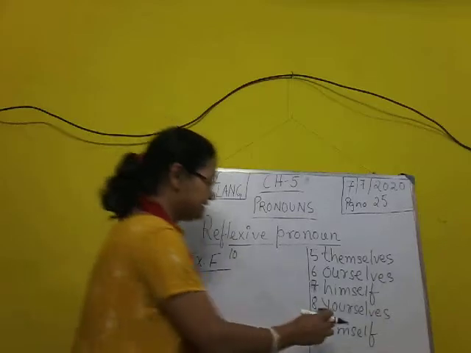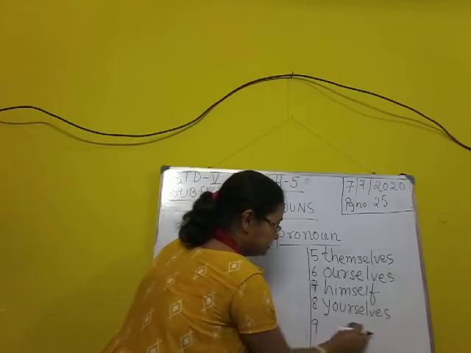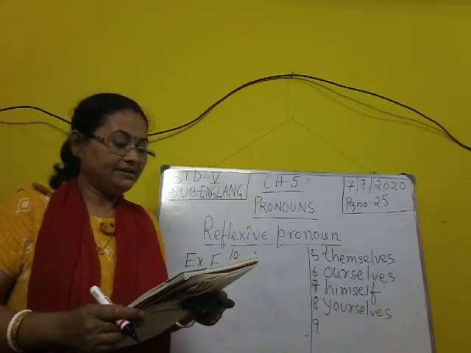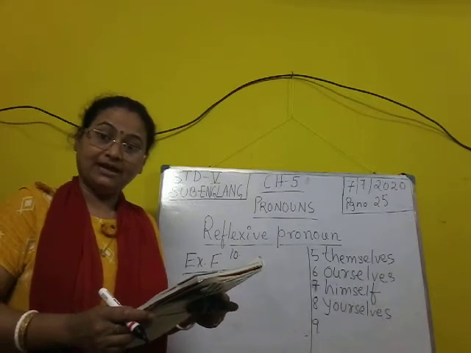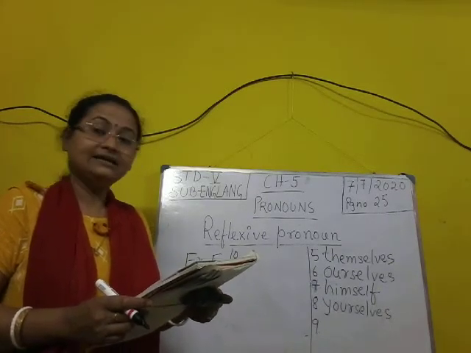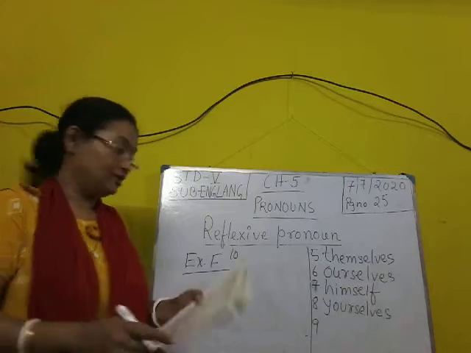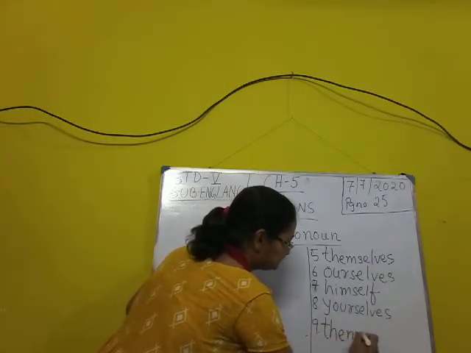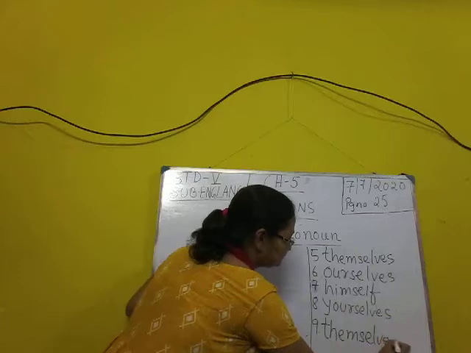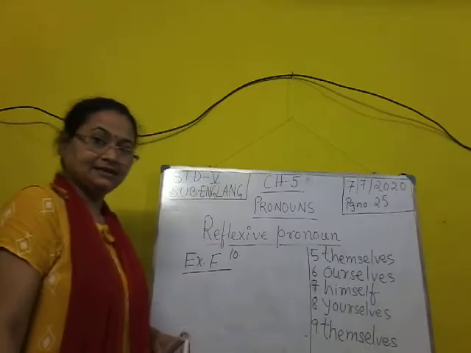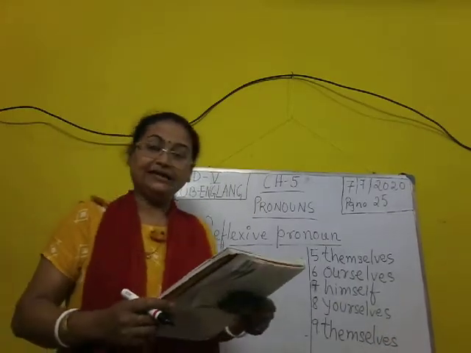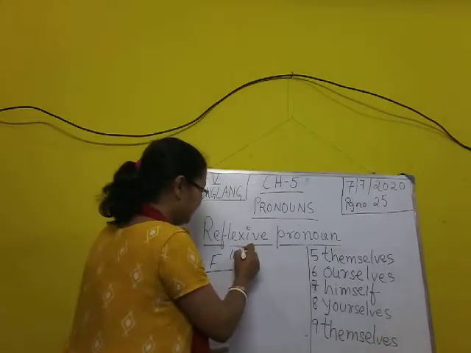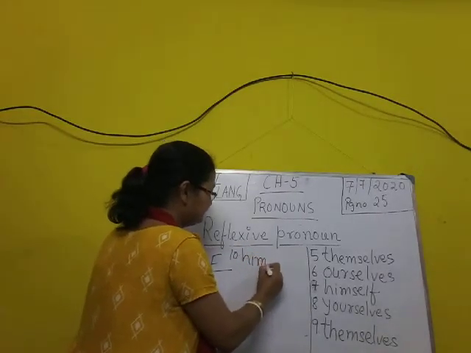Not himself, children. Make a correction here. This is number 10 actually. I skipped one. Number 9 will be the thieves, more than one thief. The thieves hid themselves behind the wall. Number 9 you will write themselves. Then number 10 is he dried himself with a towel. So number 10 you will write himself.